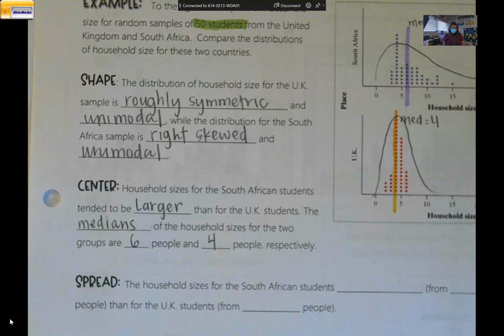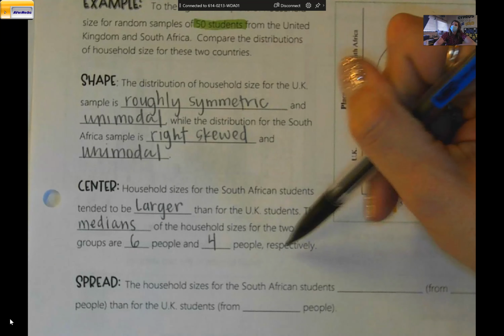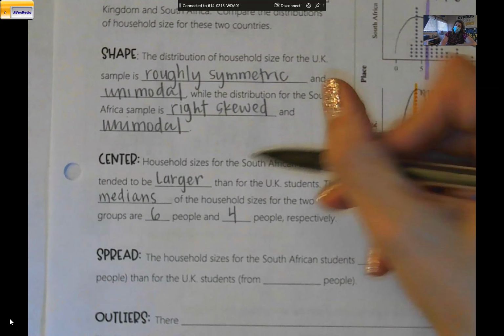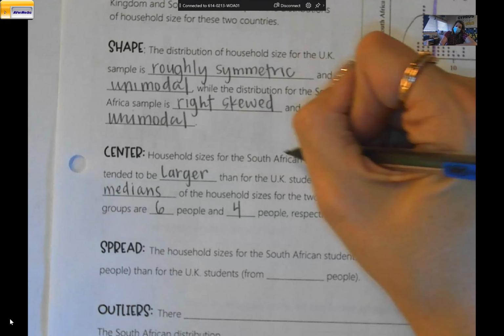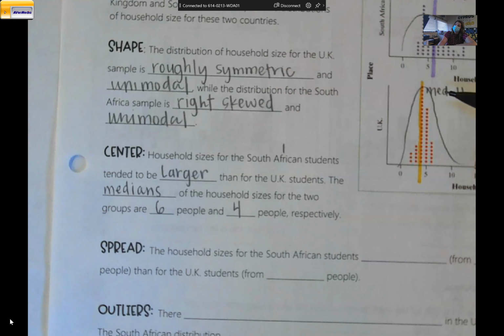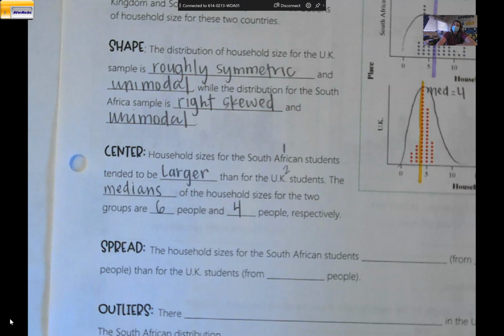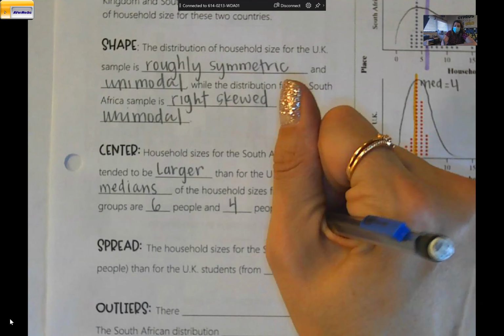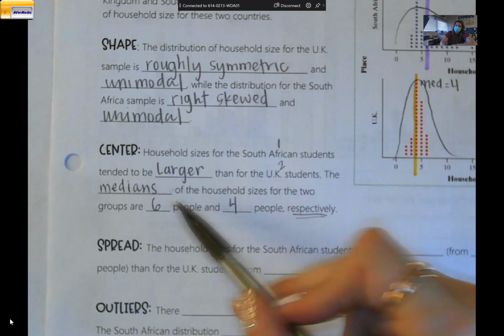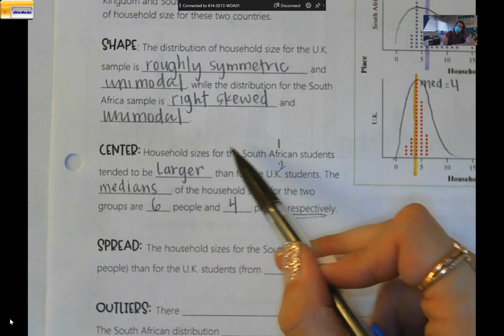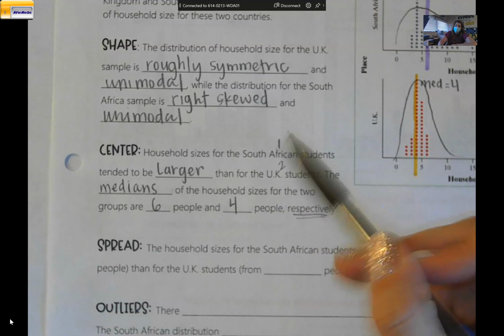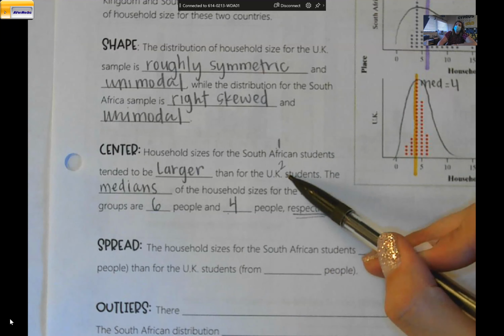Have you guys seen that phrasing before? That respectively? So what that means is, if you go back up in the problem, the first country that they mention is South Africa, and the second country that they mention is the UK. So when they say respectively, what they mean is this first number matches South Africa, and this second number matches the UK.